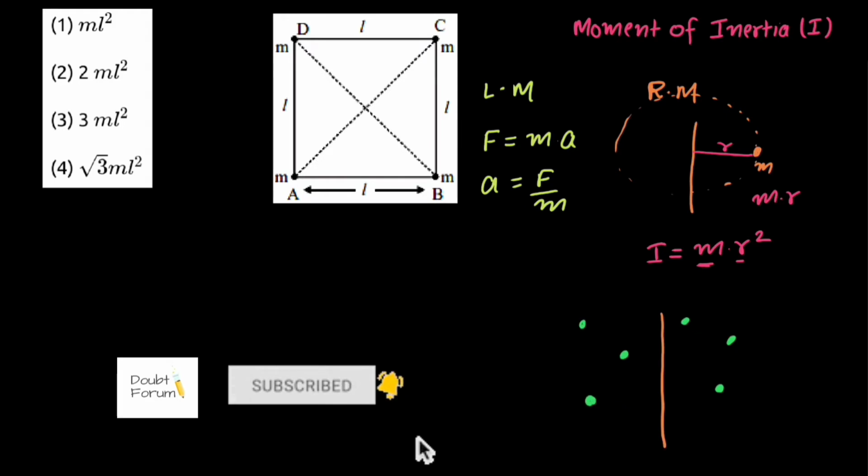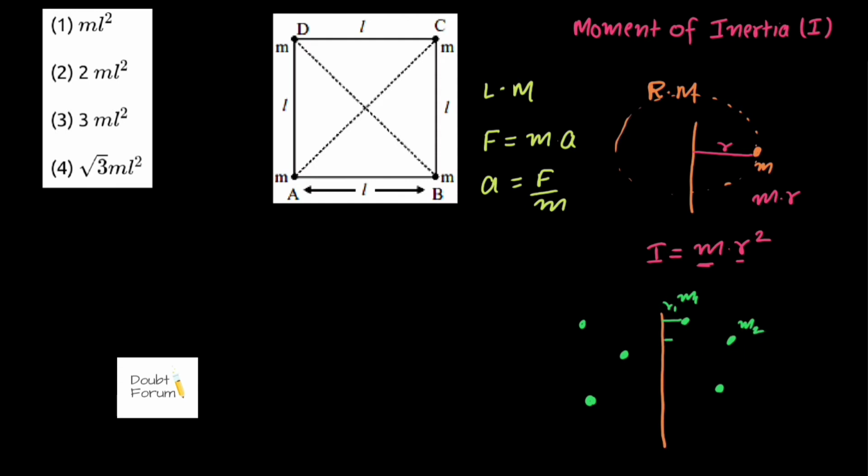The mass of this particle is m1, the distance from the axis of rotation is r1, the mass of this object is m2, distance from the axis of rotation is r2, the mass of this object is m3 and distance from the axis of rotation is r3. Similar to this is m4 at a distance r4, this is m5 at a distance of r5 and so on.